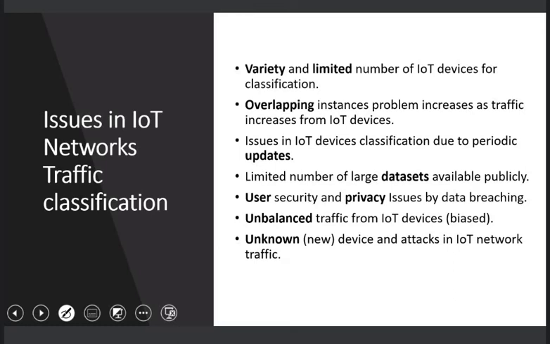IoT also has unbalanced data. Cameras and other devices have bulk data, and small sensors, such as a distance sensor or ultrasound sensor, have very little data. So we also have to make it balanced.